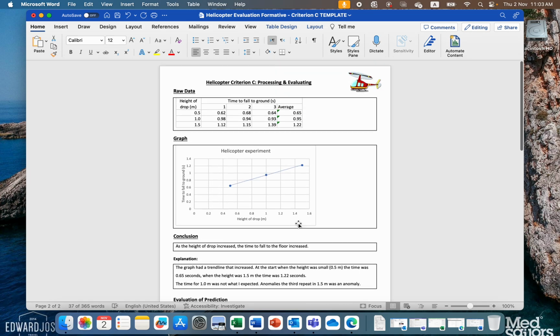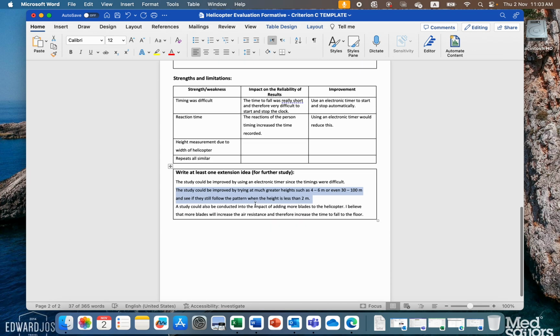We dropped it between 0.5 and 1.5 meters, because that can easily be achieved in a lab. But they could improve it by doing much bigger heights, like 4 to 6 meters, or even 30 to 100 meters. And they can suggest what they think might happen. They can even suggest how they might achieve dropping a small paper helicopter from 100 meters up, and what they might expect to happen.